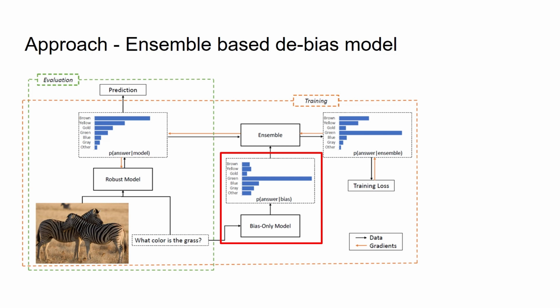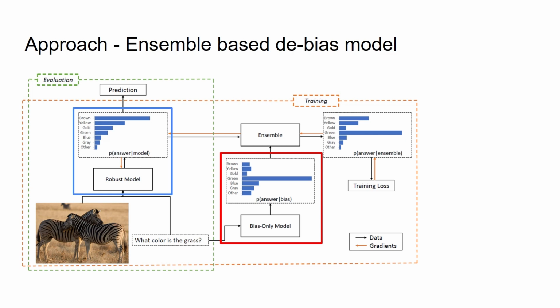Let's observe an example from the original paper. A bias-only model is well trained on learning data, but may work very poorly on out-of-domain inputs. As you can see in the example, even if the grass in the picture is brown, the bias-only model answers green because the learning data usually says that grass is green.